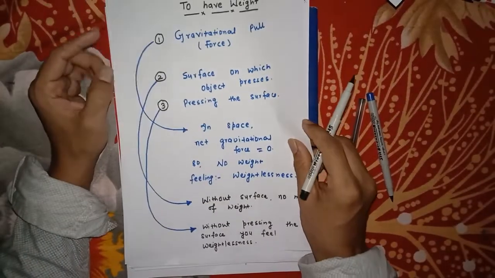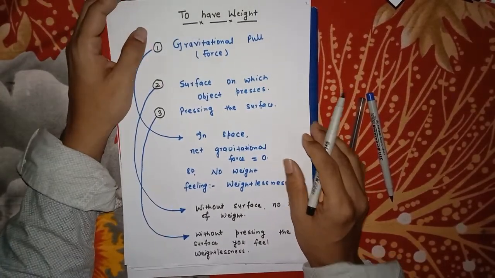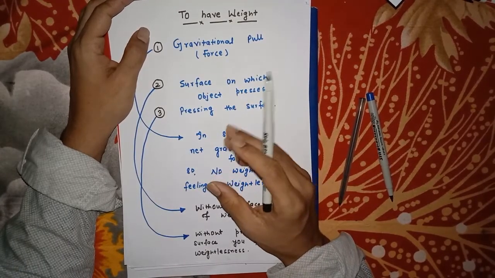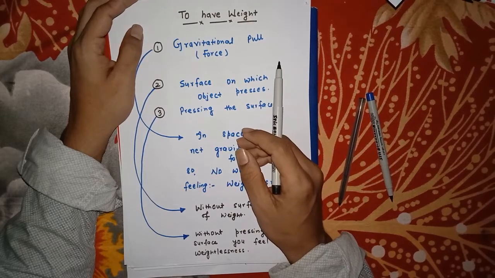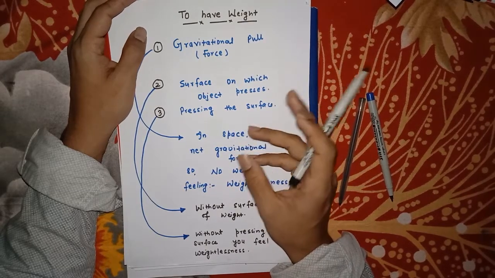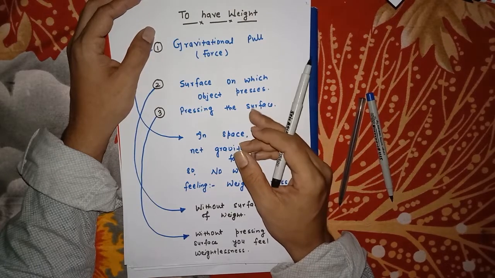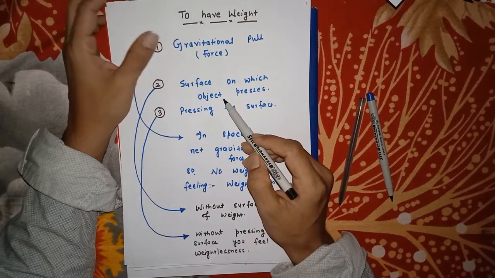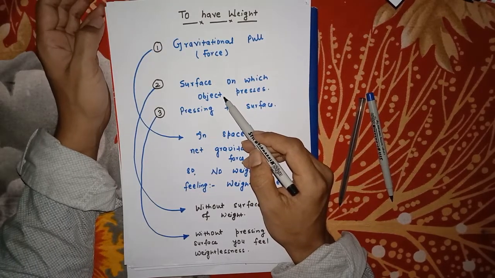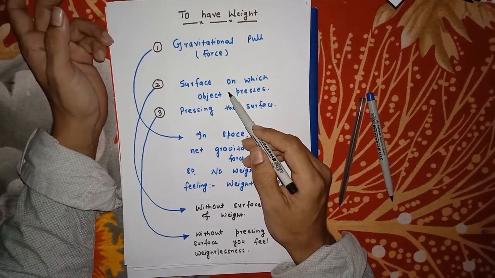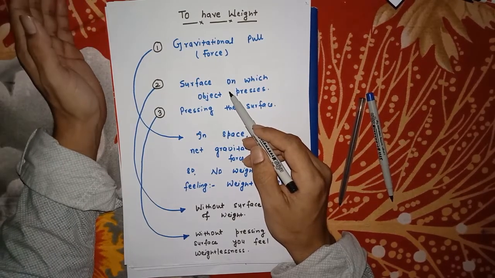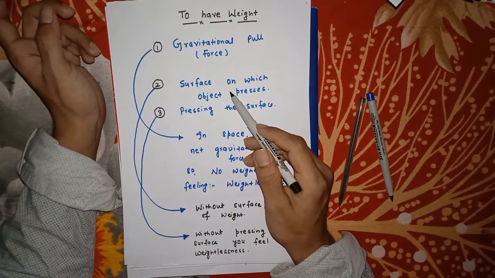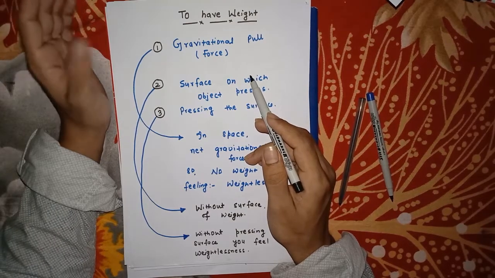Okay, now if you think or observe, to have weight, what are the factors? First of all, it must feel the gravitational pull of any planet or any star or anything which is near to it, and some surface. Without surface, no force at all. For example, in space there is no surface, so an astronaut feels weightlessness. Surface is necessary.